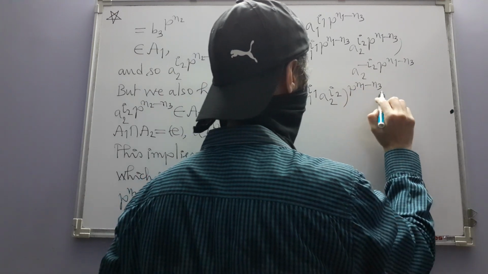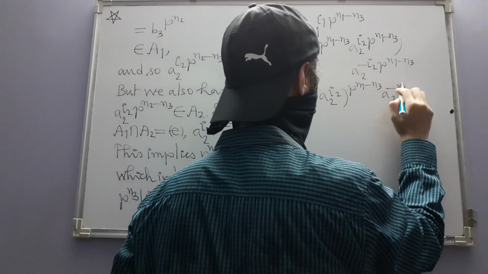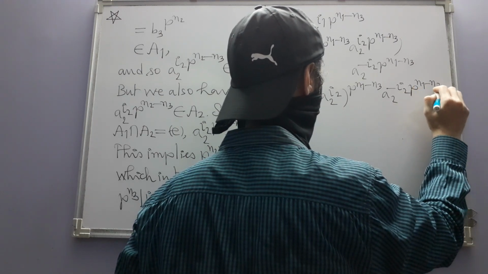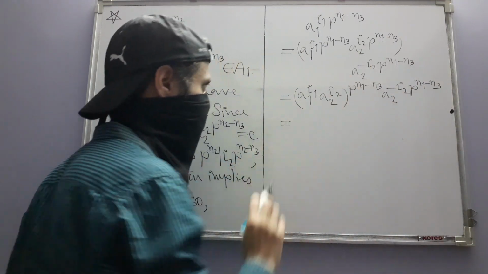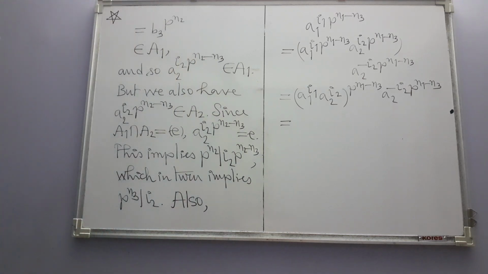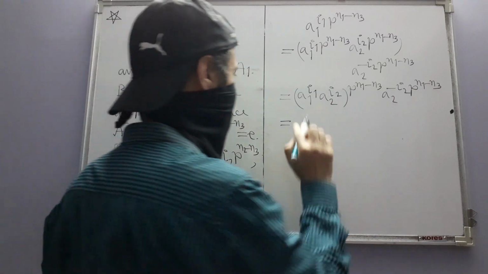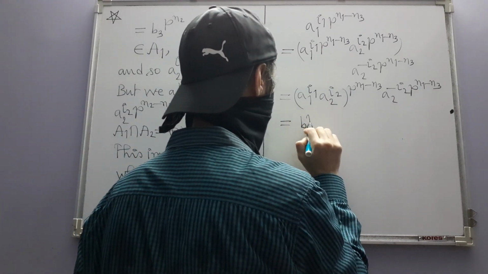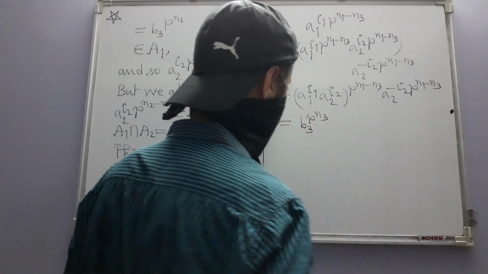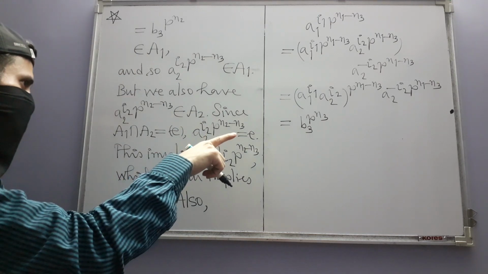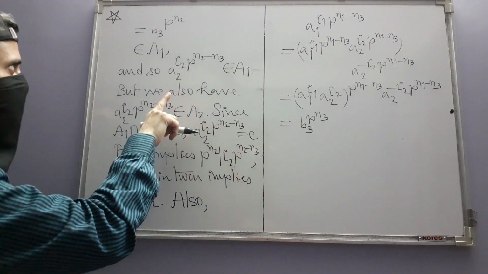N1 minus N3 times, we have to keep writing this. And what is this? Is it b3? Oh, it's not simply b3 but b3 to the power p to the power n3. Did we use this exact thing in the previous calculation?